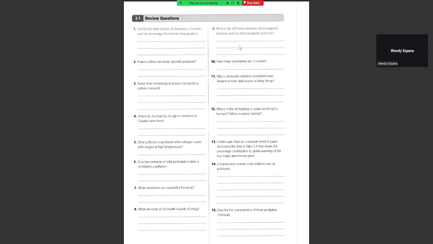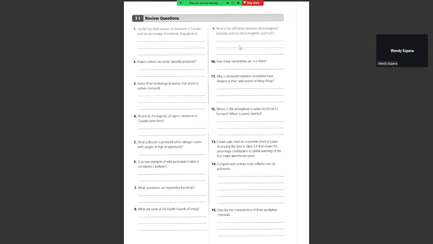Question 4 says, where do the majority of sulfur emissions in Canada come from? Remember we talked about how sulfur is in certain substances, and when we burn those, so go and look up what those substances are if you've forgotten.